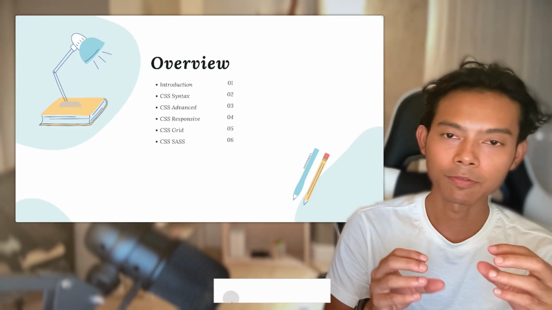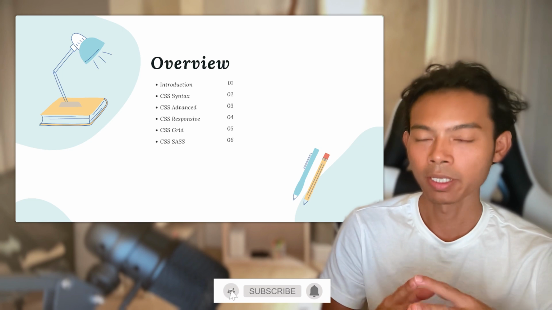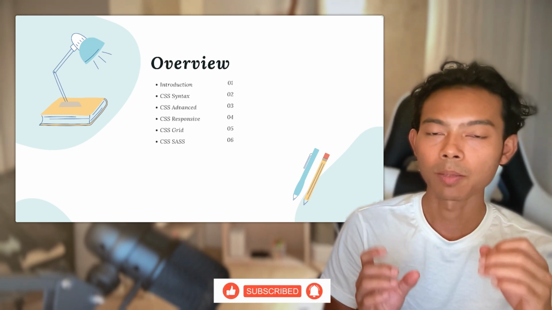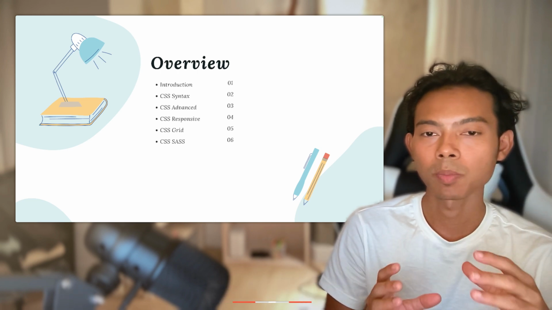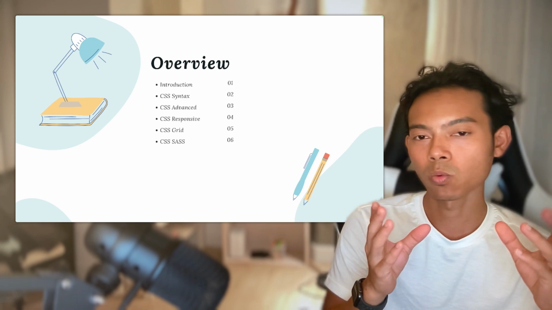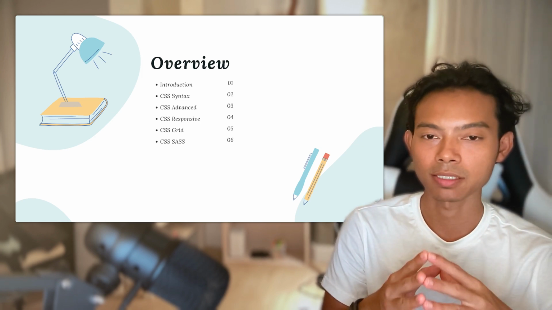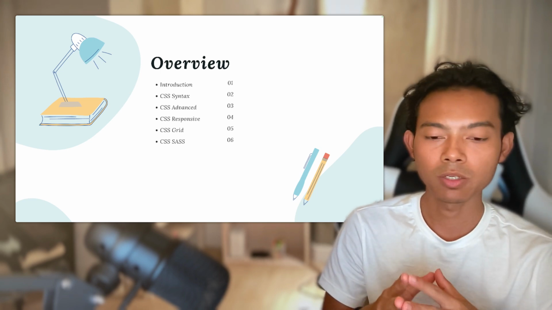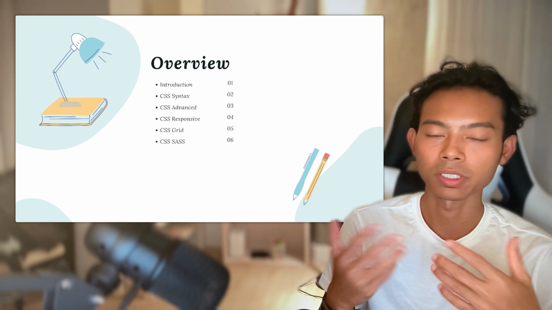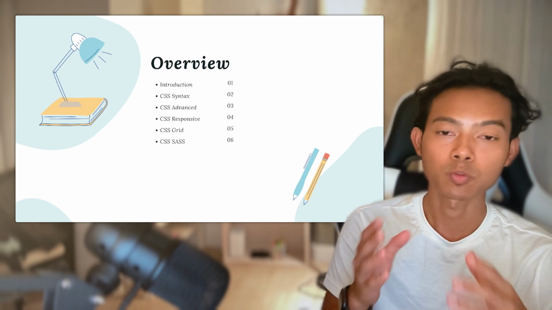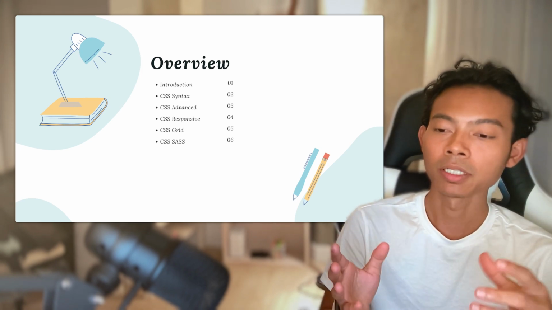We will cover the CSS introduction and the syntax structure, which is key to know about CSS. And we will talk about the advanced level of CSS. Of course, when it comes to CSS, we should think about responsiveness. Every day we are dealing with laptops, desktops, mobile phones, even smartwatches and even cars.